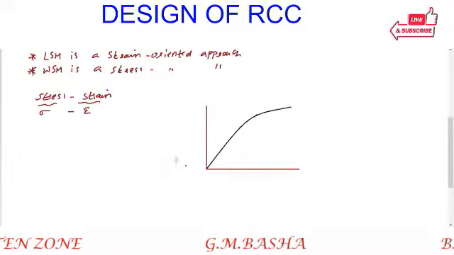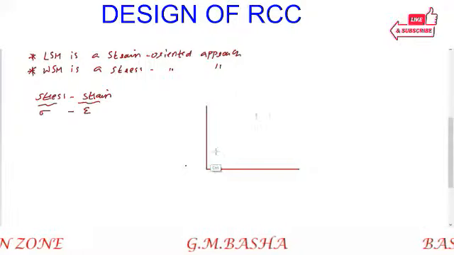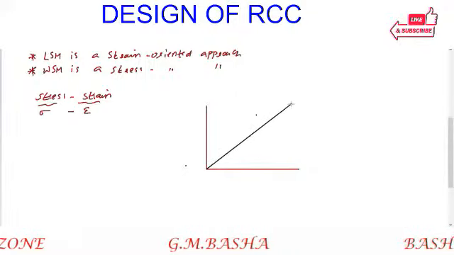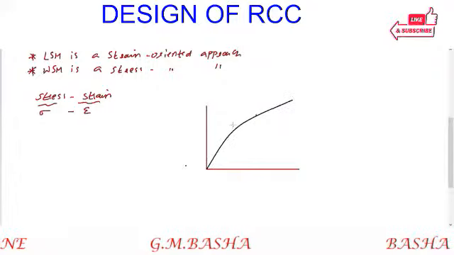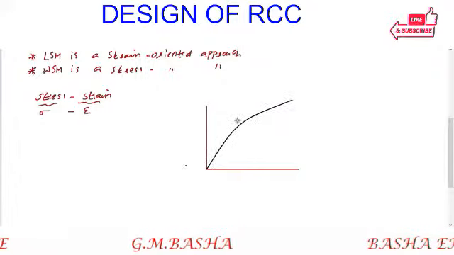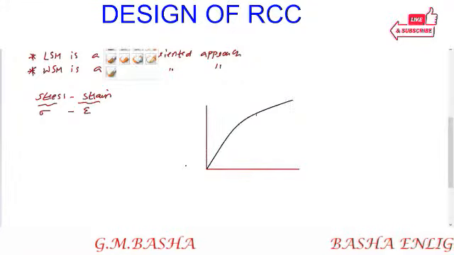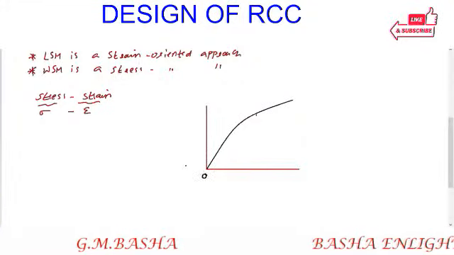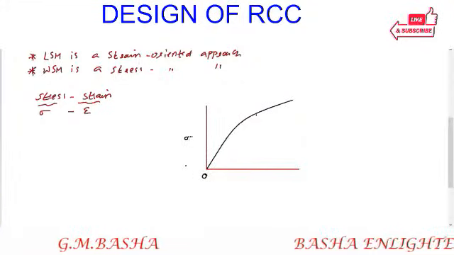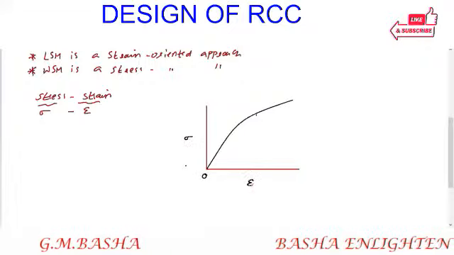This is also a parabolic shape only, but here it indicates somewhat linear. That is the reason I am drawing approximately like that. Okay, this is the origin point, and this is the stress strain curve I am indicating like this.